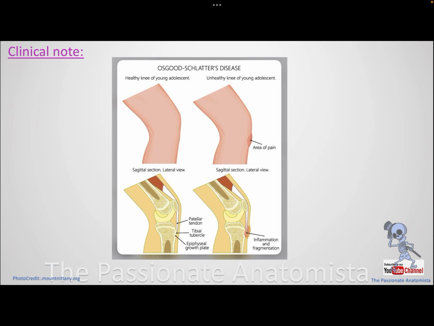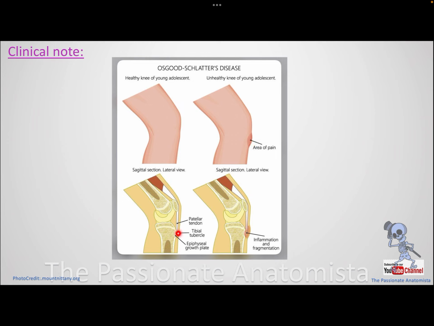Now we have some clinical notes. During adolescence, because those young kids are growing up, and because the epiphyseal growth plate is projecting into the tibial tuberosity, it's common to see inflammation in that region during growth spurts, and that gives you an area of pain, inflammation and swelling here.